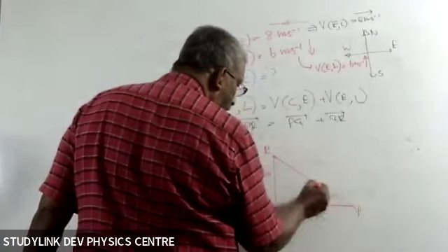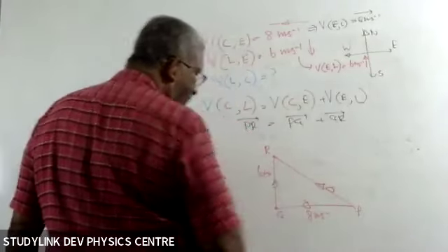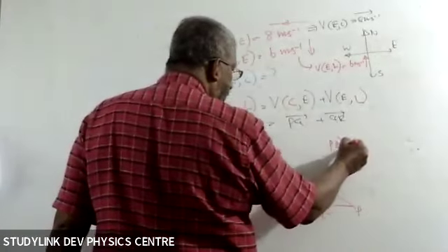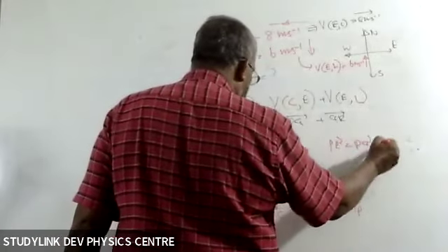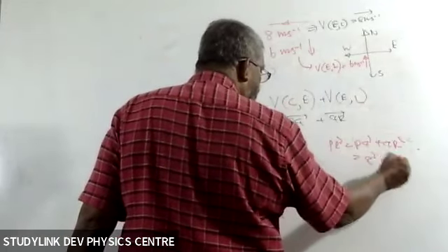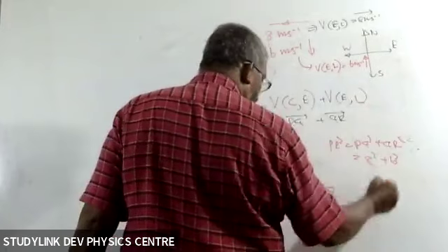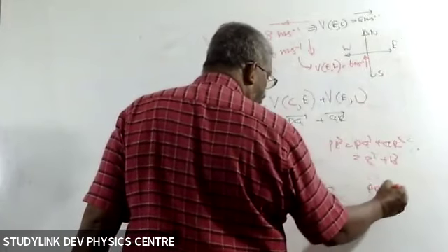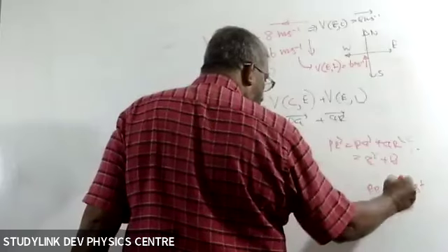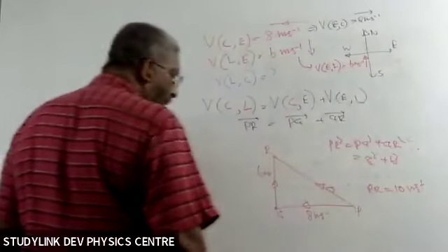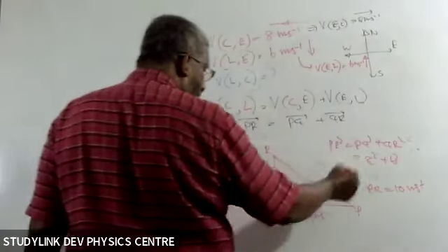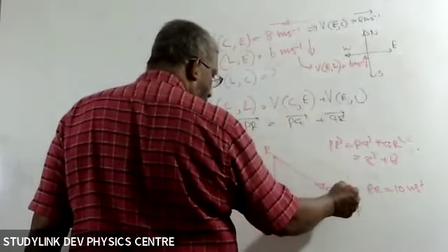Now it is PR. Using Pythagoras, PR squared is equal to PQ squared plus QR squared. Then 8 squared plus 6 squared, find it. Then PR is equal to 10 ms minus 1. Same answer we are getting. Then the direction, I consider from here, theta.